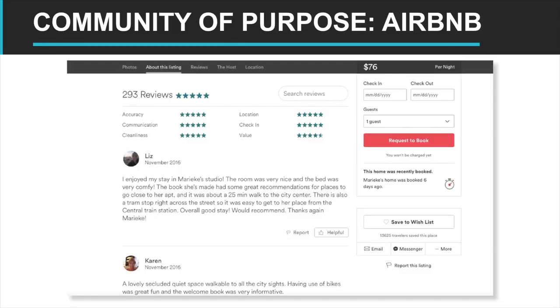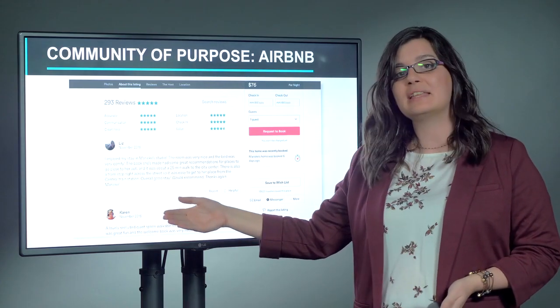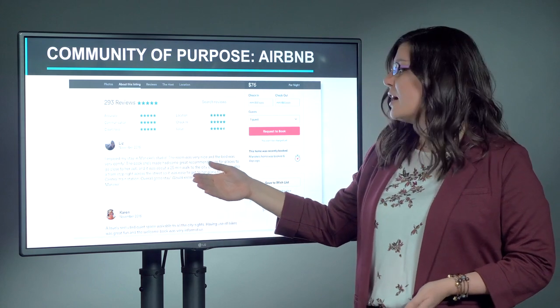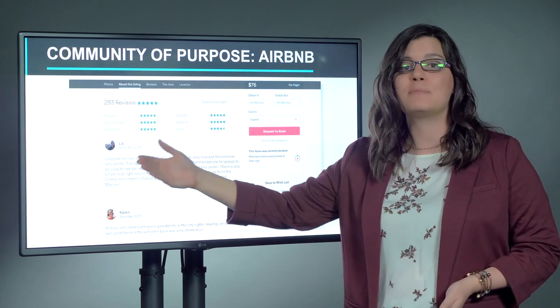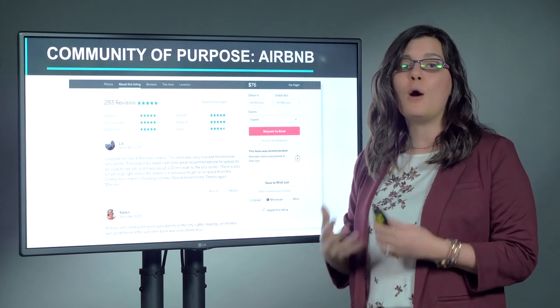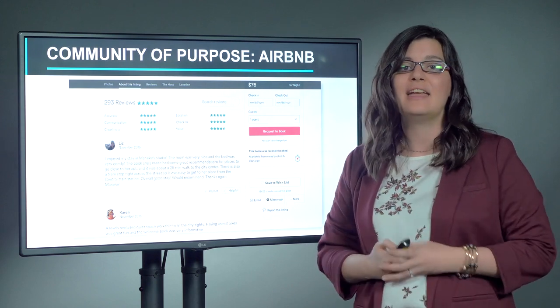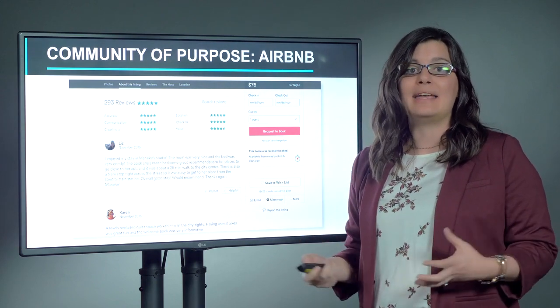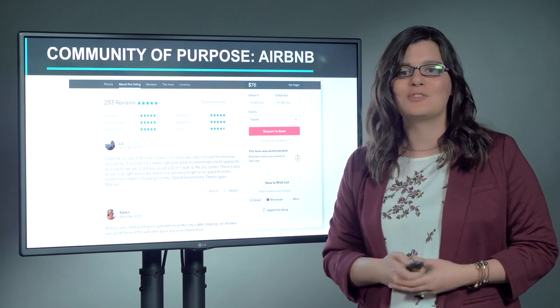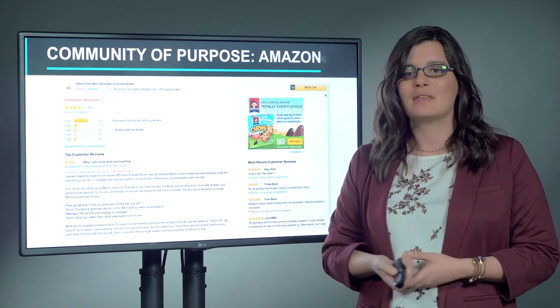Review communities are perfect examples of a community of purpose because every time someone leaves a review, they are helping someone else make a purchase decision. They're helping someone else feel confident in what they're buying or renting, in this case with Airbnb.